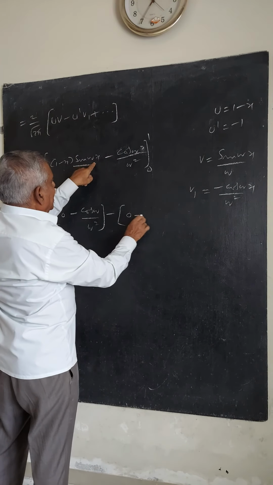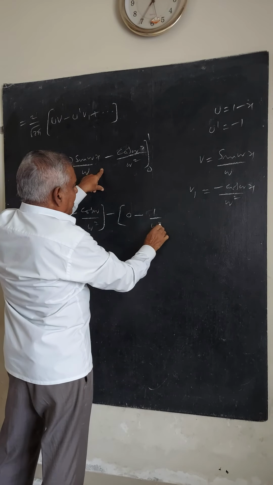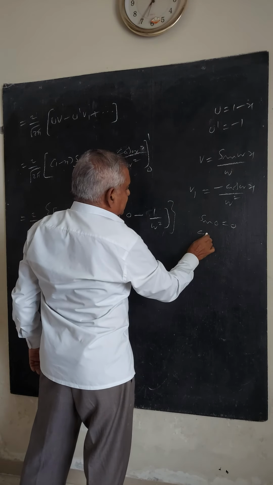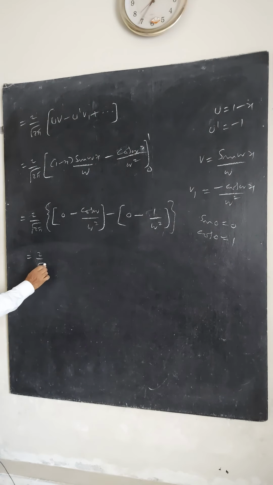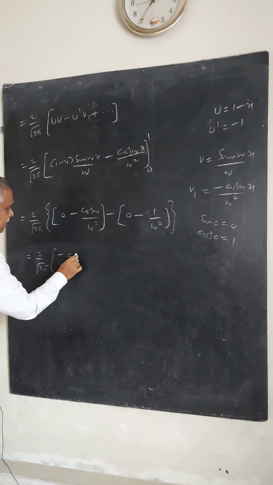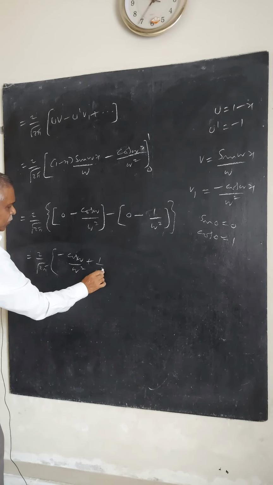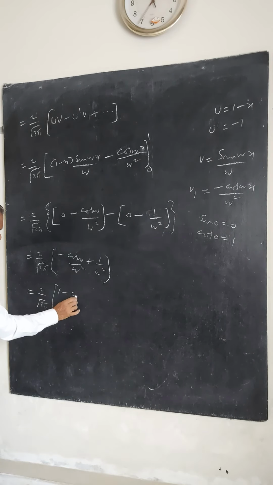sin 0 is 0. Minus cos 0, cos 0 is 1, by omega square. sin 0 is 0, cos 0 is 1. 2 by root of 2 pi, minus cos omega by omega plus 1 by omega square, equal to 2 by root of 2 pi, (1 minus cos omega) by omega square.